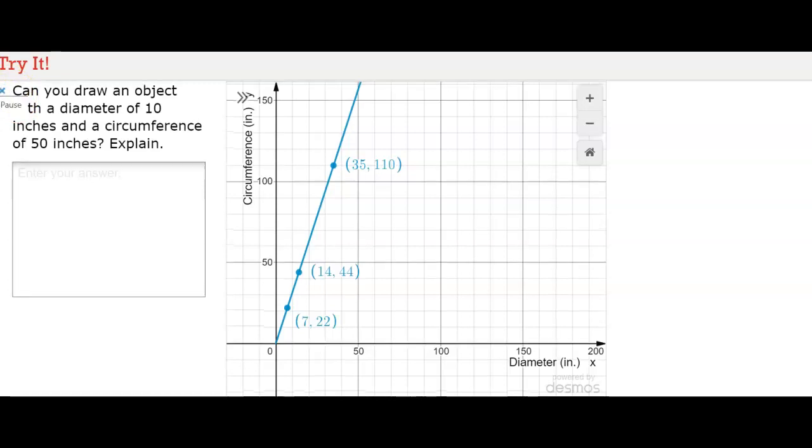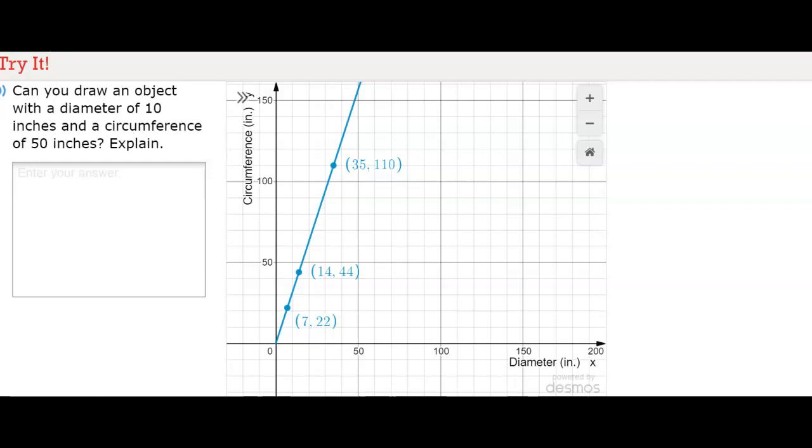Can you draw an object with a diameter of 10 inches and a circumference of 50 inches? Explain. To see if we can draw that object, we're going to graph it on the coordinate plane.